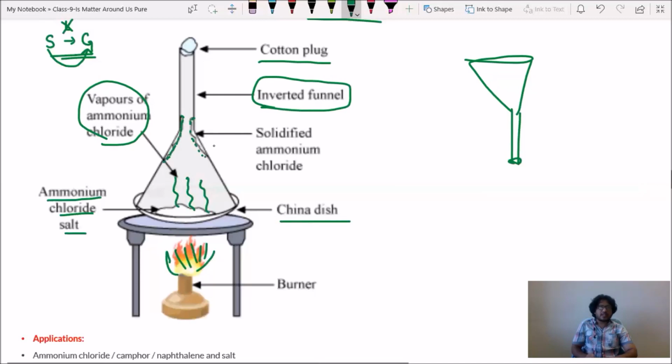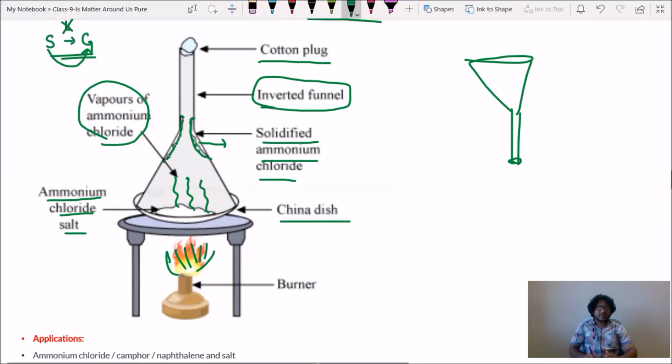After sticking, you can cool it to get ammonium chloride. Like that, you can easily separate solid from gas, and the solidified ammonium chloride you can collect here. That is the concept you need to understand about sublimation.